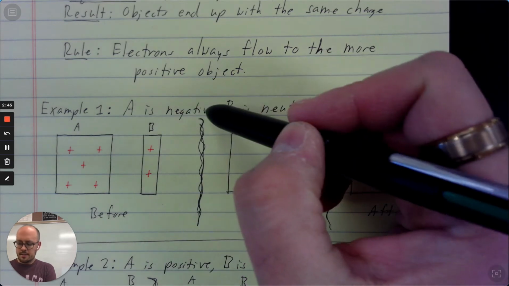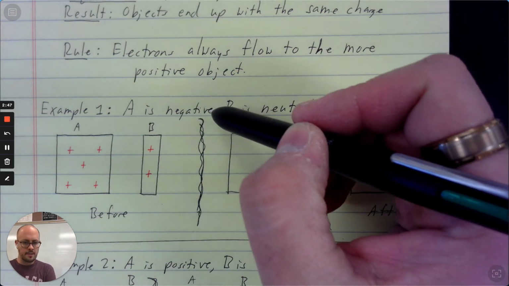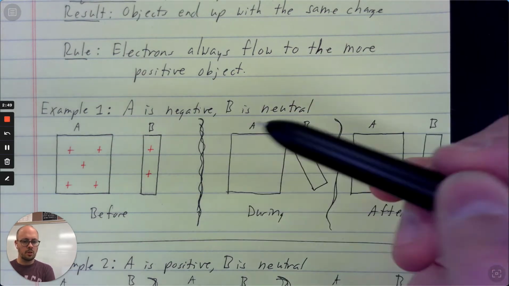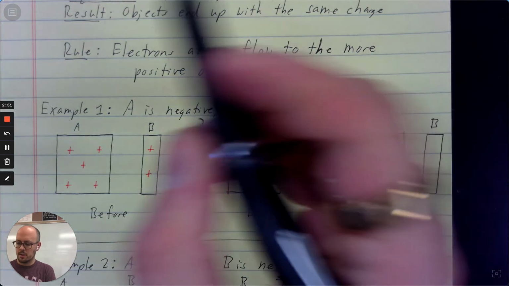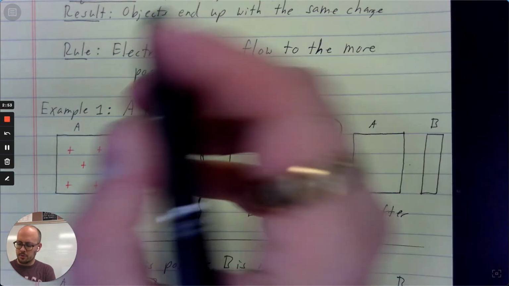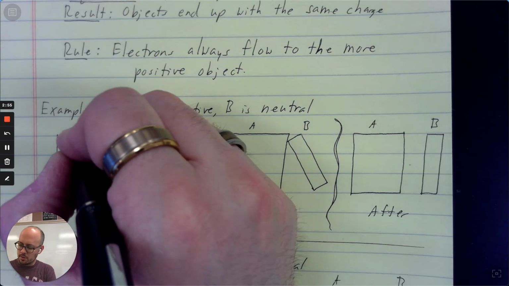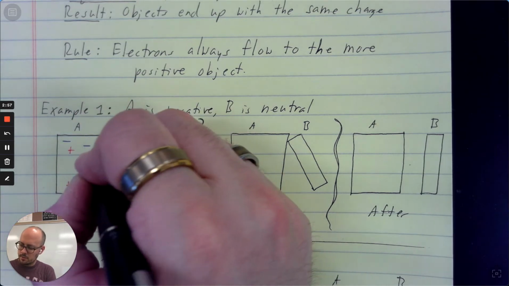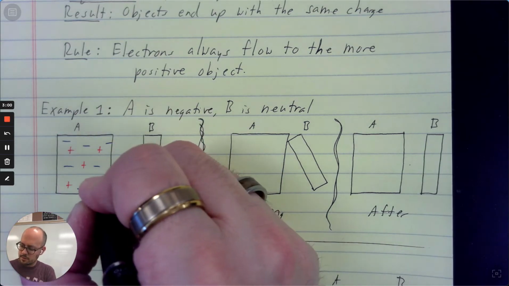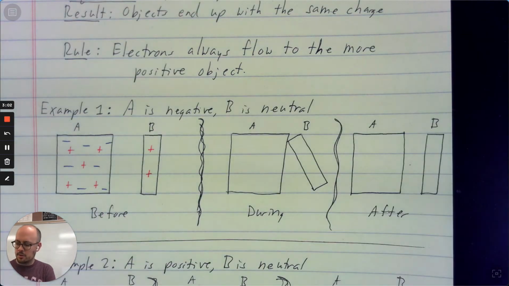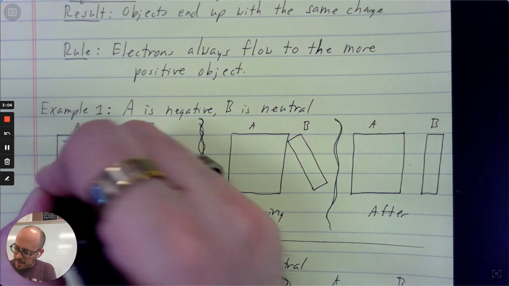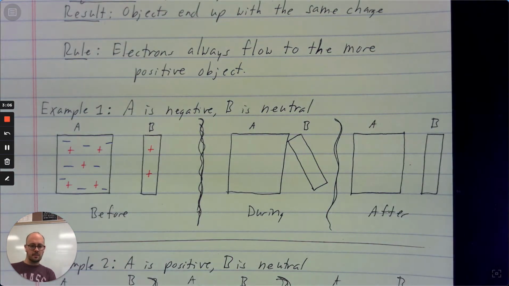So A is negative. An object that has a negative charge has more electrons than protons. So if I drew 5 protons, I'm going to now draw 1, 2, 3, 4, 5, 6, 7, 7's pretty, we'll do 8 negatives, and those represent the electrons. Now, obviously, they're not just sitting there.